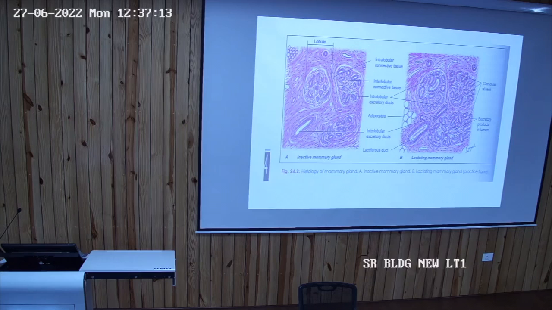The first one is the mammary glands. I am now talking of the accessory glands. A pair of mammary glands. Each gland consists of about 15 to 20 lobules, separated from each other by interlobular septa.